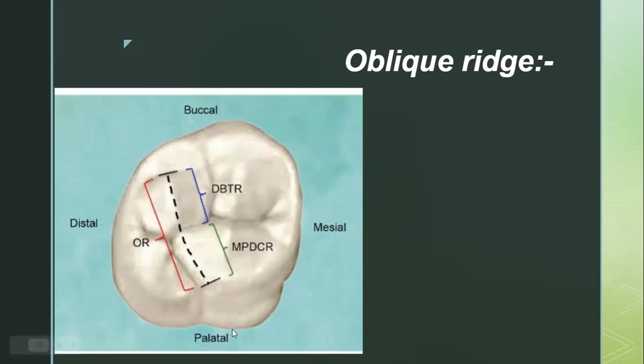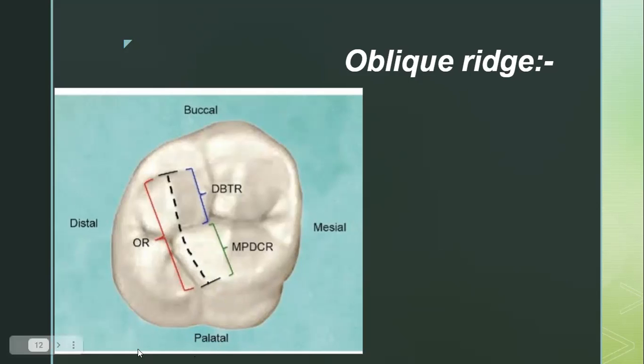If we are specifically talking about the maxilla, we use the term mesiopalatal. Otherwise, in general, we call it the mesiolingual cusp, right? Here the discussion on the ridges ends.